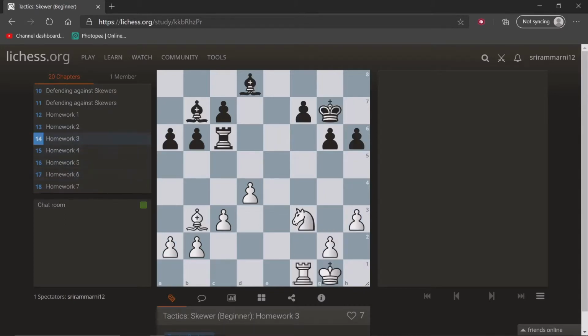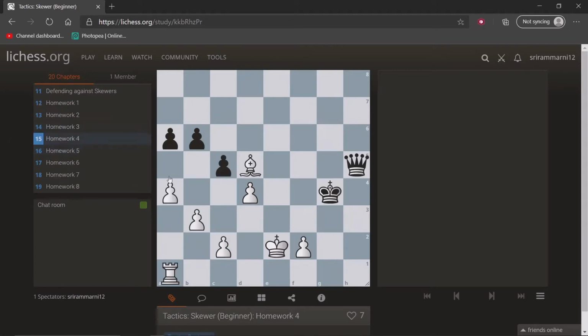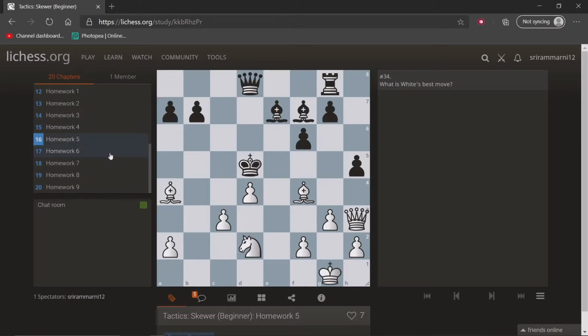All right, the third one, I'll leave this up for 5 seconds, and any puzzles that come afterwards. Our fourth position. Our fifth position. What is white's best move?